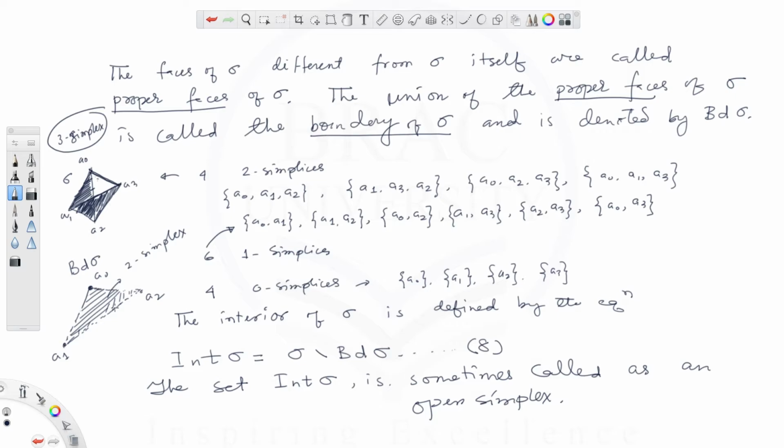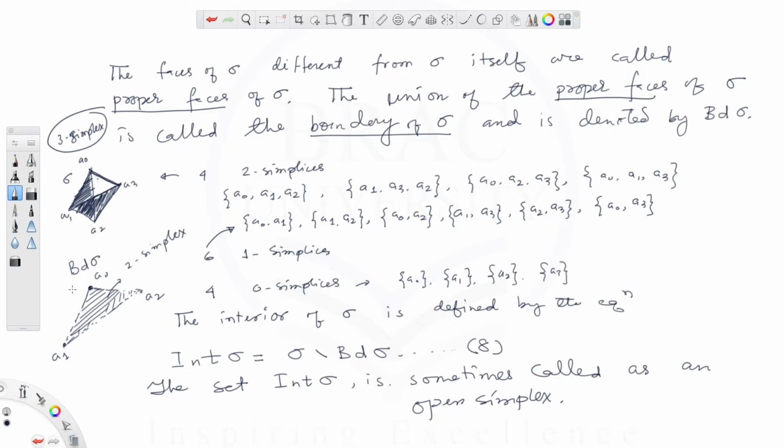Those are the proper faces, and you take the union of these proper faces that constitutes the boundary of this 2 simplex. If you extract out this boundary, what you get is an open 2 simplex, which is the open triangular region inside these 3 lines joining the vertices.